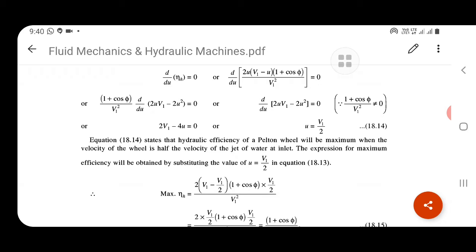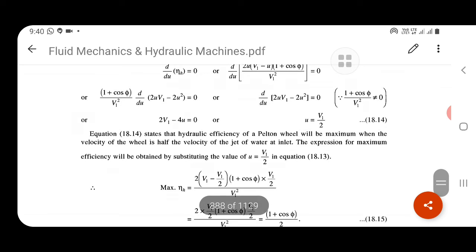So the Pelton wheel gives maximum efficiency when the wheel velocity is half of the velocity of jet at inlet.